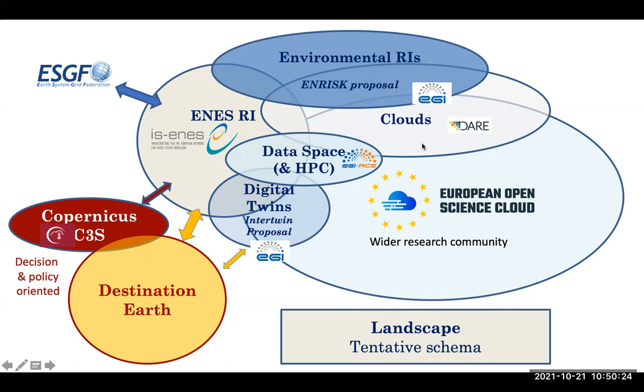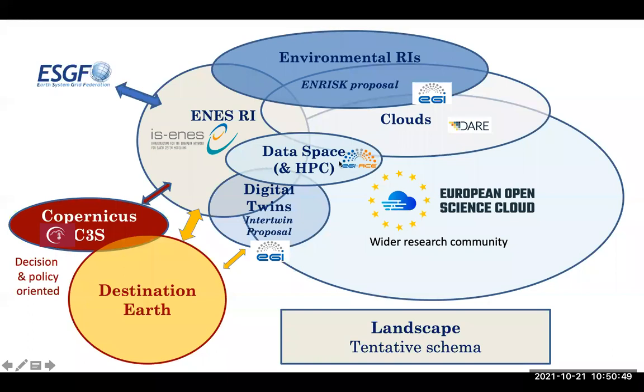So we are developing a cloud approach with the DARE project, and there is now a new proposal, NRISC, with the environmental research infrastructures, in which EGI is included, that will allow developing a data space which also encompasses the observation research infrastructures, not only the modeling.